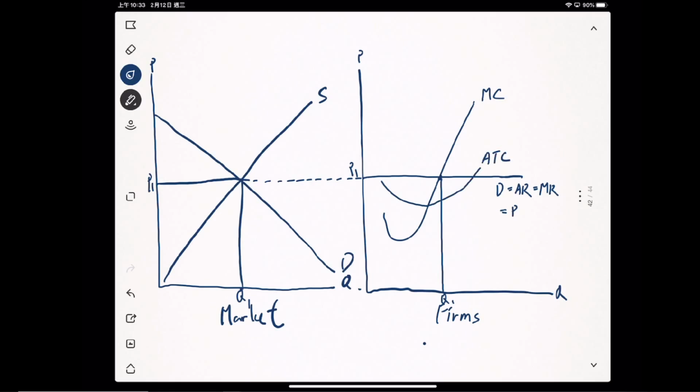Look at this: at Q1, we have an average revenue of P1 here. And at Q1, where is the average cost? This point here is the average cost.